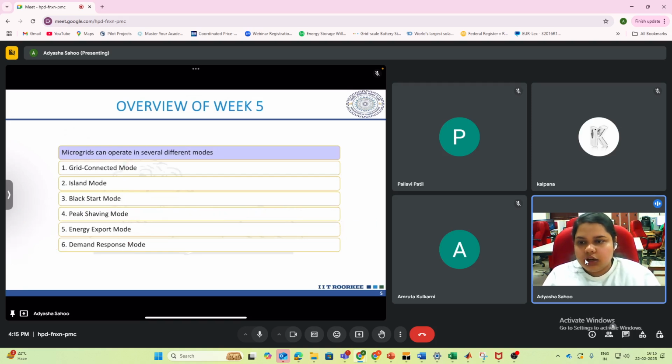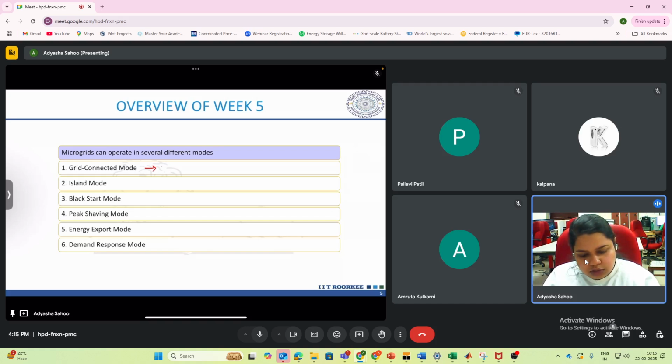Here we see there are different modes of operation for the microgrid. So this first one is the grid connected mode where you have the support of the grid. So this grid connected mode is possible with or without the installation of battery.